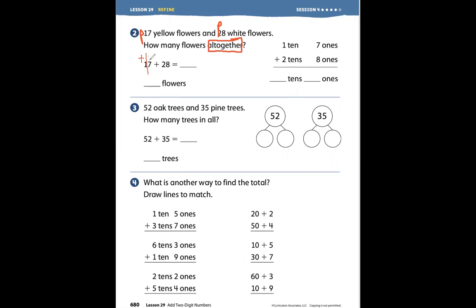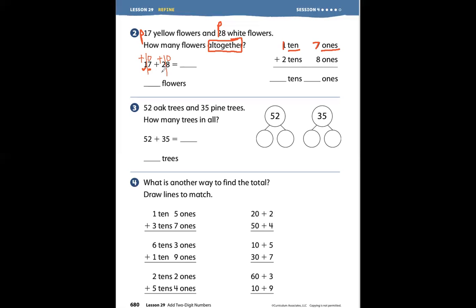In the number 17, we have 1 ten right here, and we have 7 ones.